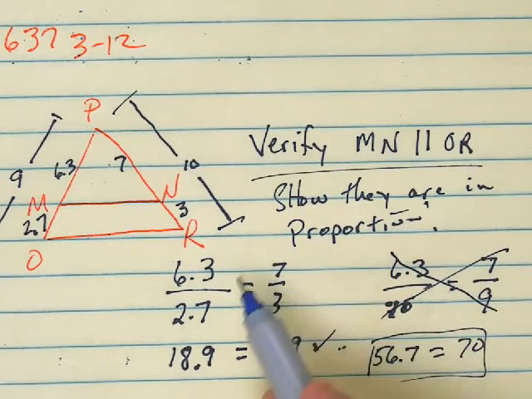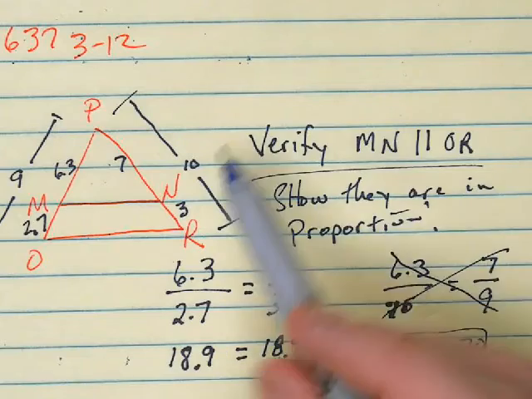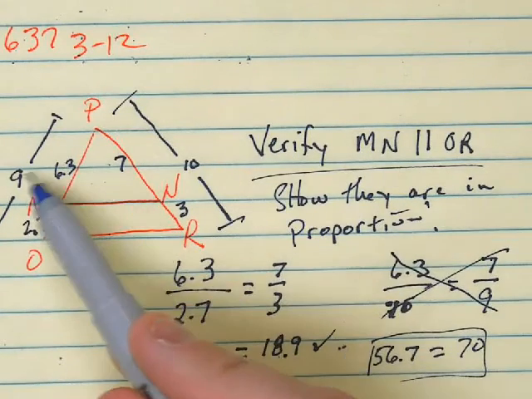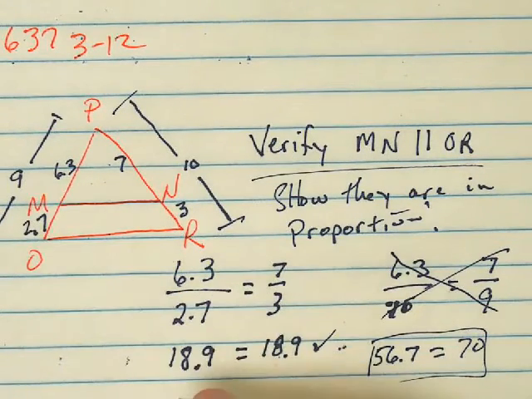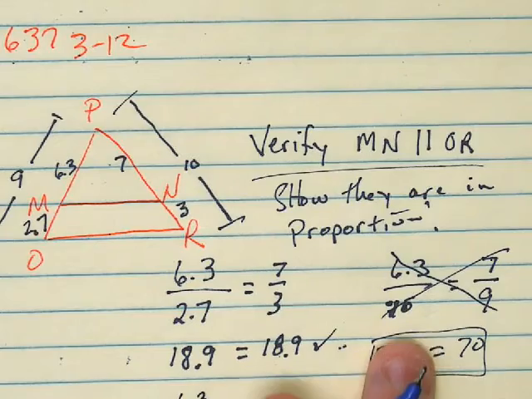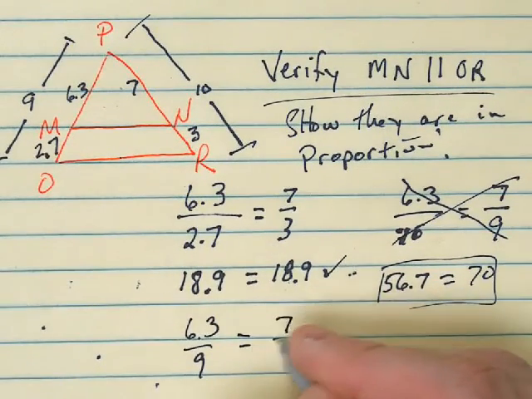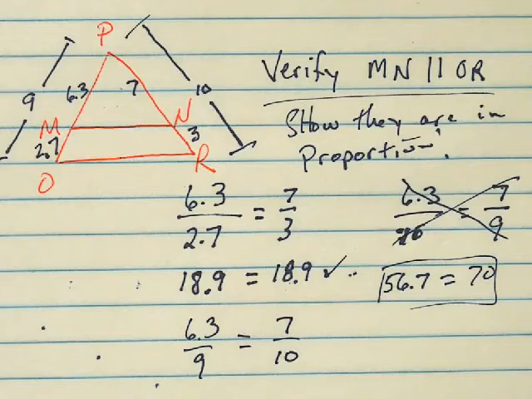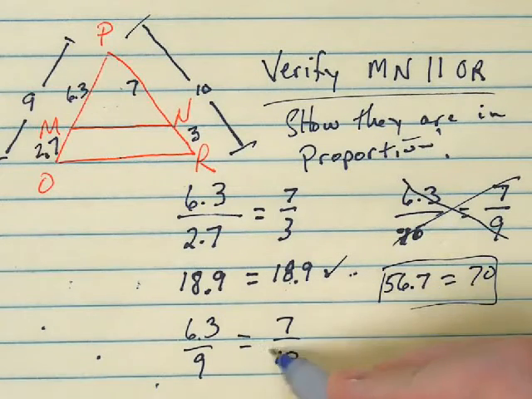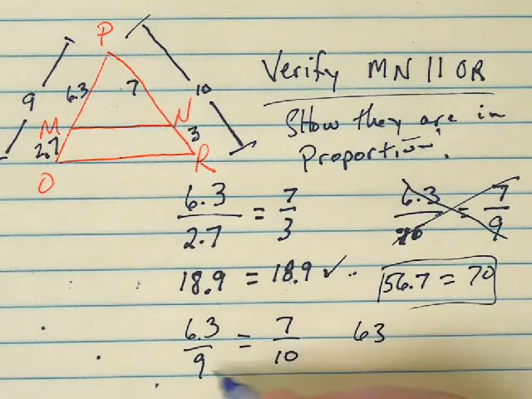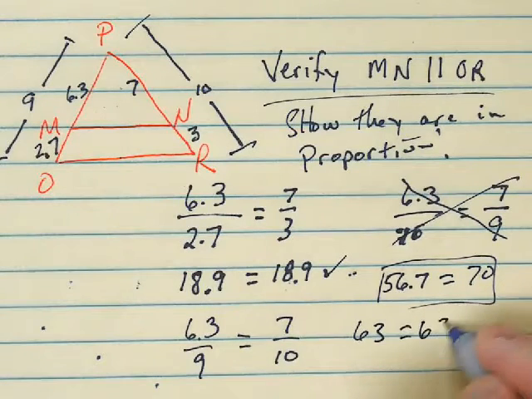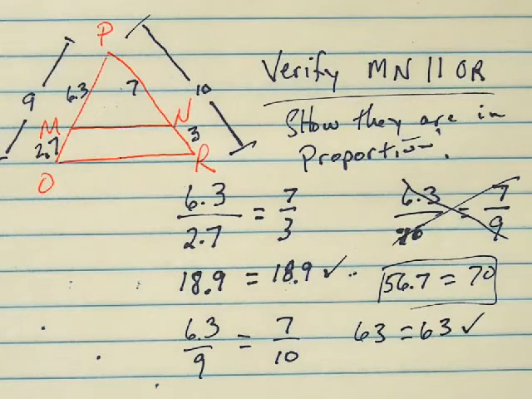What if we went 6.3 is to 9 as 7 is to 10? Would that work? Let's check. 6.3 times 10, that's 63. 9 times 7. See the difference? How you have to set up the proportion.